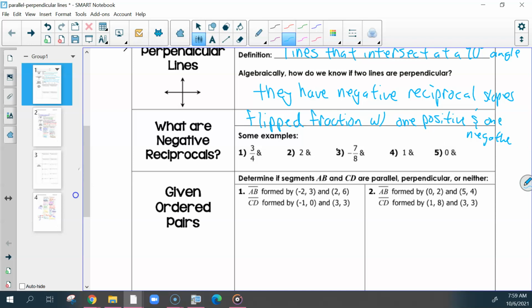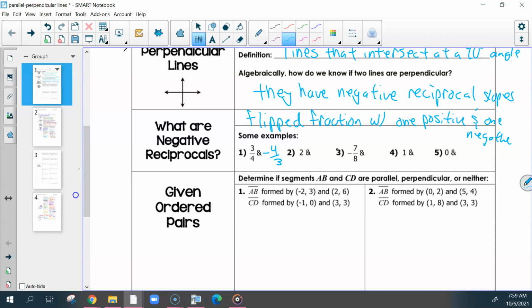So really quickly, go through these examples. The flipped version of 3/4 would be 4/3. The negative reciprocal of that would be negative 4/3. If it's positive, we make it negative. If it's negative, we make it positive, but we're still flipping it. What would the negative reciprocal of 2 be?